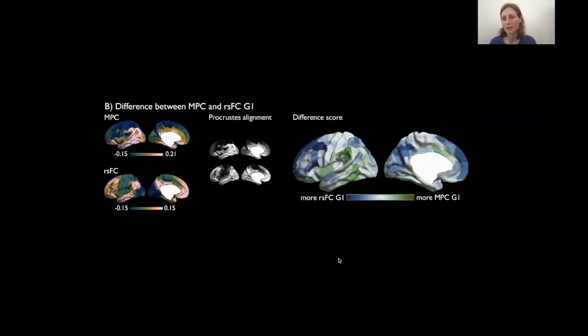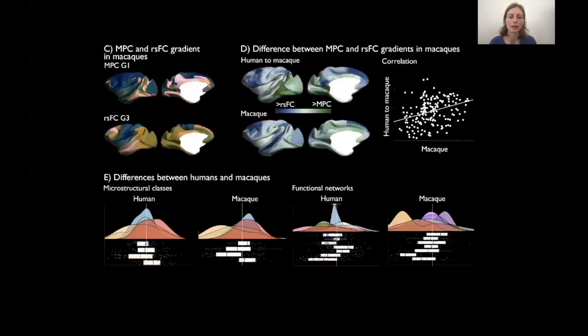If you compare the principal gradients of microstructure organization with that of function, you see that there is some overlap, but there are also some notable differences, because functional organization has its apex in the default mode network, whereas microstructure organization has its apex in the limbic networks, as you see here. So we wanted to know if this was also the case in macaques.